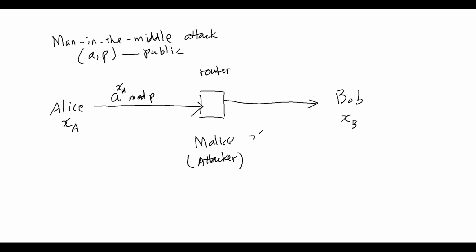She also generates XM, A to the XM mod P, and impersonates this as from Alice.